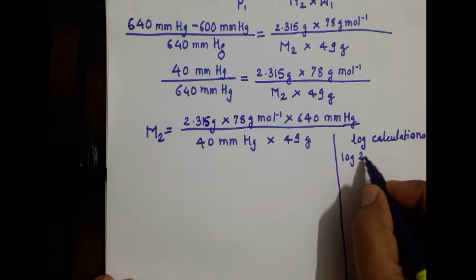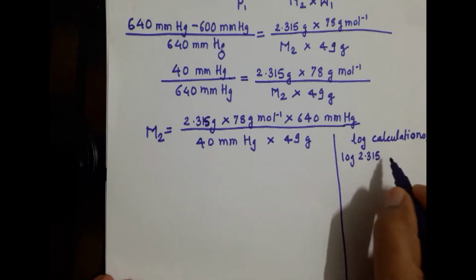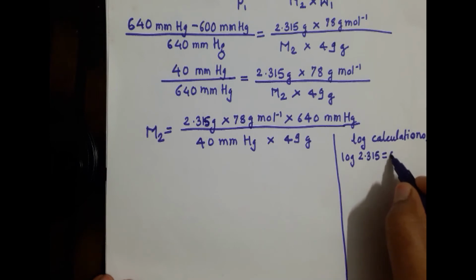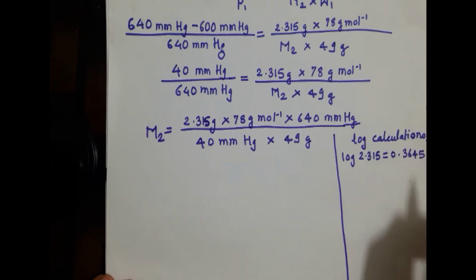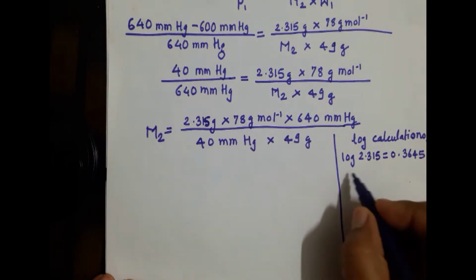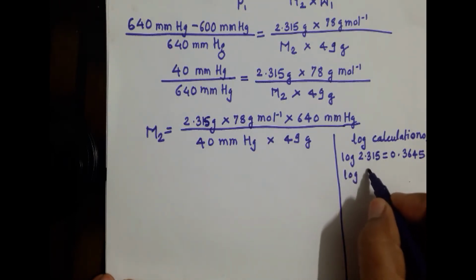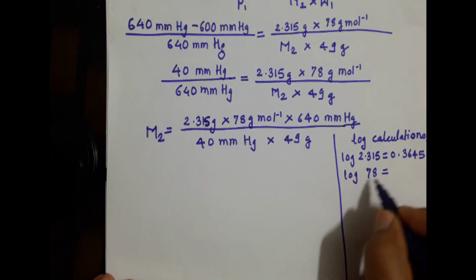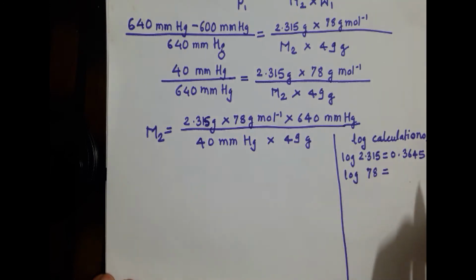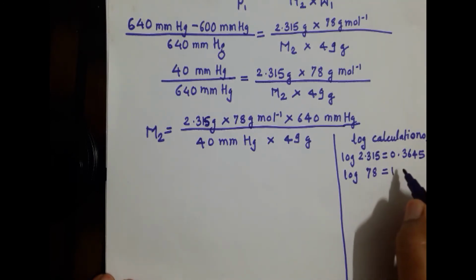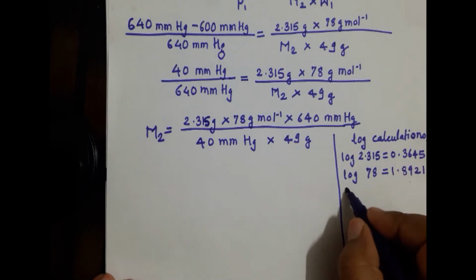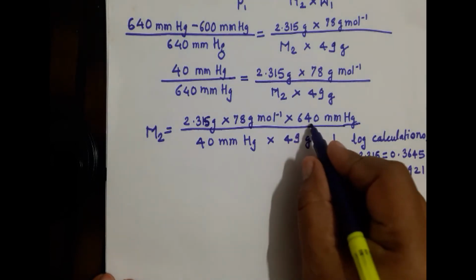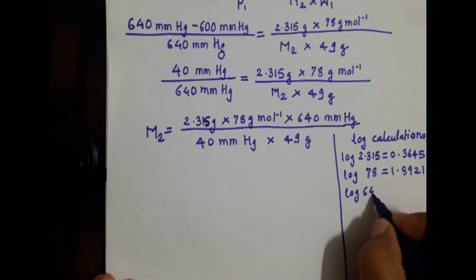of 2.315, which is 0.3645. Then log of 78. Since there are 2 digits here, the characteristic will be 1, so 1.8921. Then log of 640.